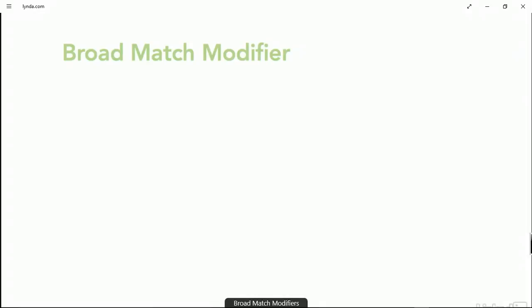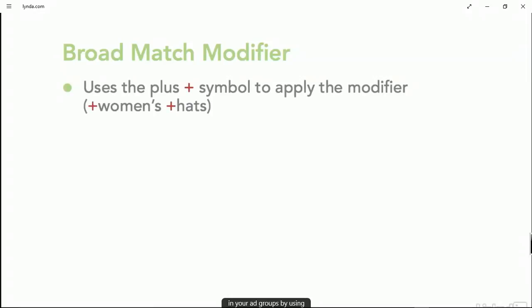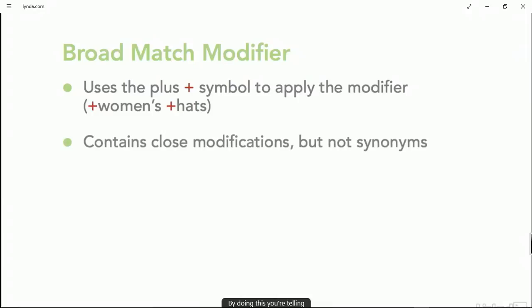So let's look at the next type, and that's broad match modifier. Broad match modifiers are going to be signified in your ad groups by using a plus sign directly in front of the keyword that you're interested in controlling. So if I were to add this keyword to Google, I would add plus women's plus hats. By doing this, you're telling Google that the keyword directly following the plus sign has to appear in the user's search query exactly as targeted or a very close variant.